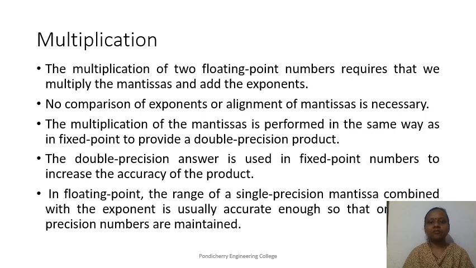That is the only difference we have in this algorithm. So we have two floating point numbers, both multiplicand and multiplier, expressed in floating point representation. We have to multiply the mantissa part and add the exponent part. That is the basic process.